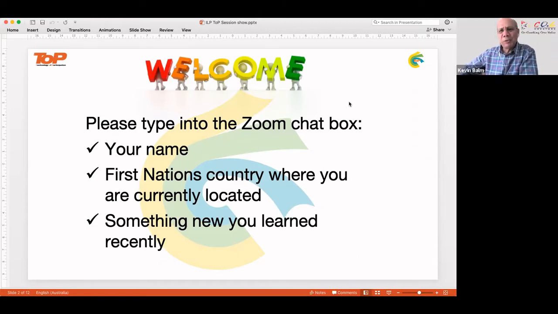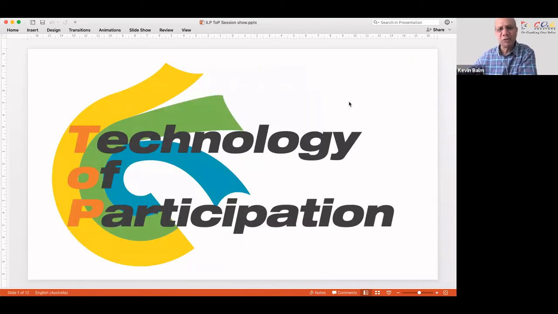I got introduced to the ToP, the Technology of Participation facilitation process, during my gap year. This is going back to 1976, and it wasn't called the technology of participation at that time. It was called a consultation methodology. I was a volunteer at a rural community development project in Western India.